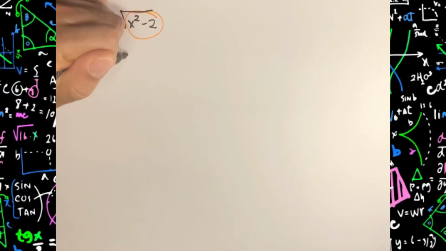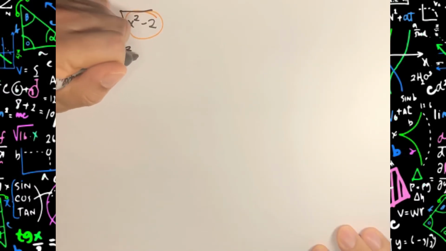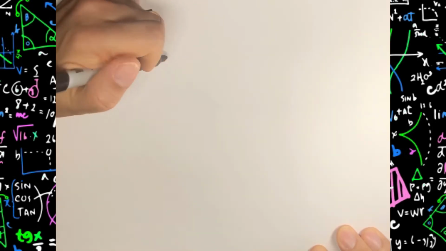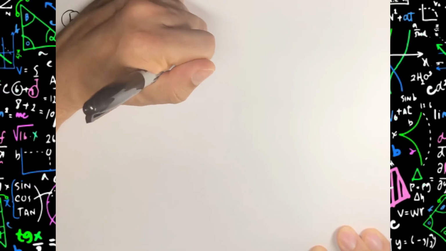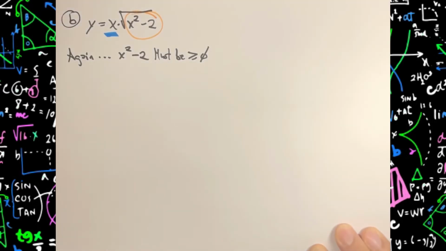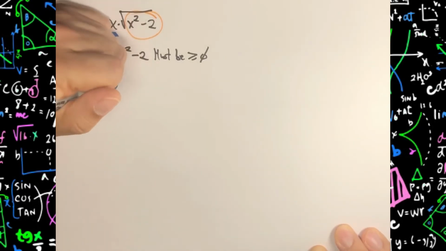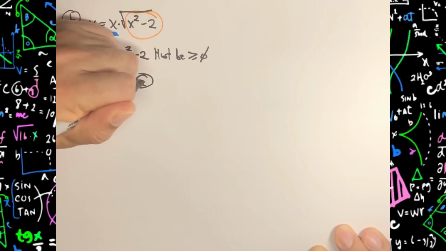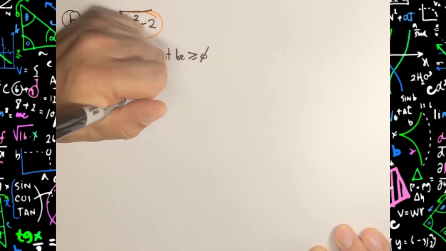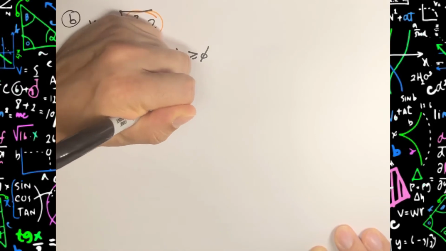So again, x squared minus 2 has to be positive, meaning it has to be greater than or equal to 0 to guarantee existence of the function. Now, because we solved part A, we have the solution for that. We know the intervals in which x squared minus 2 is positive.